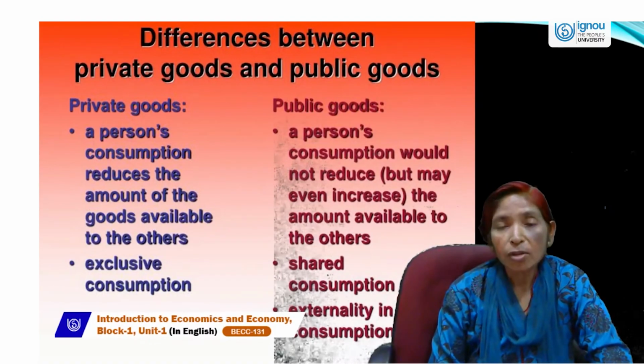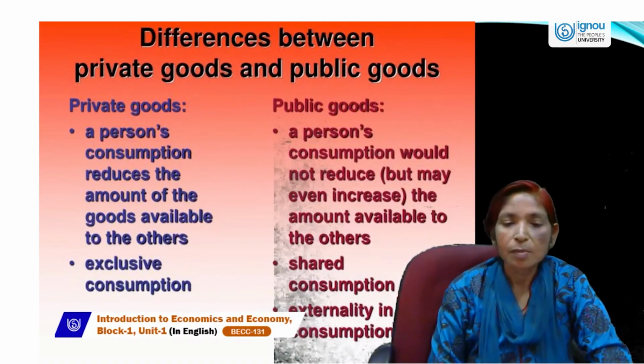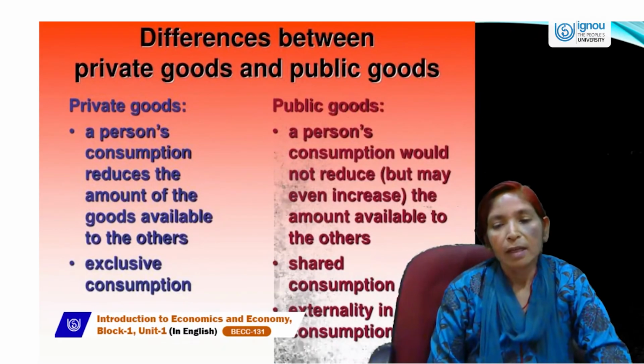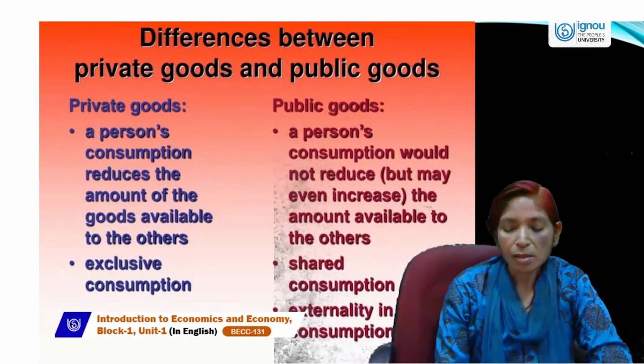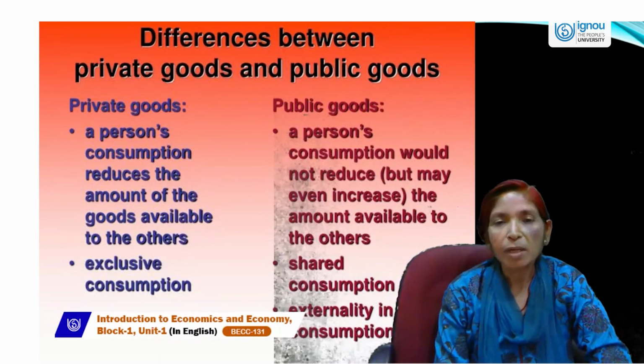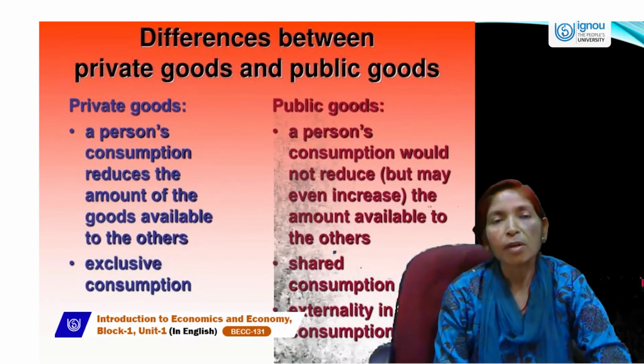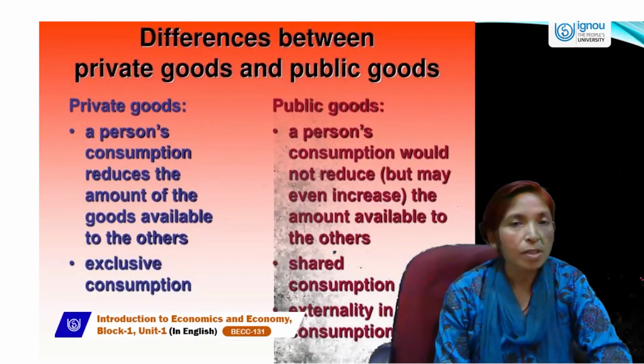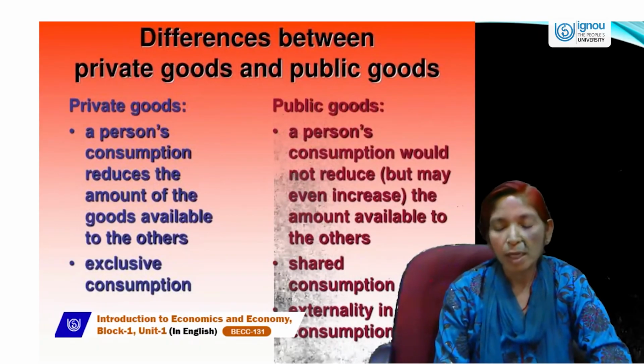So, in the case of public goods, shared consumption is possible, and externality in consumption is also possible. Public goods are a main cause of market failure, but private goods are not the main cause of market failure.